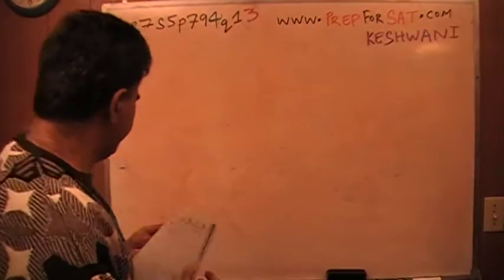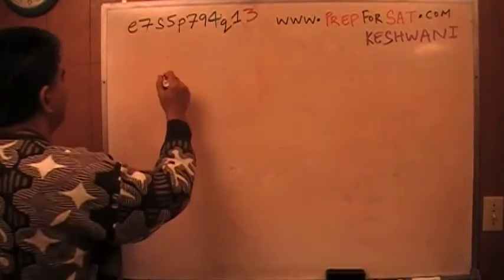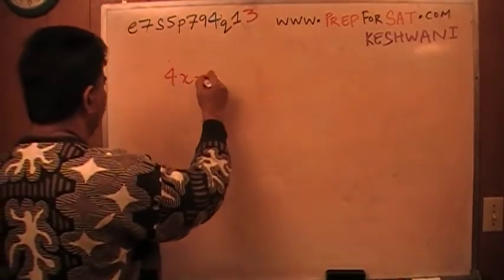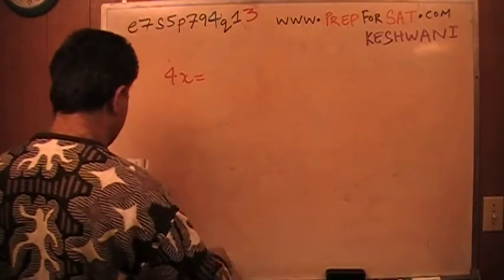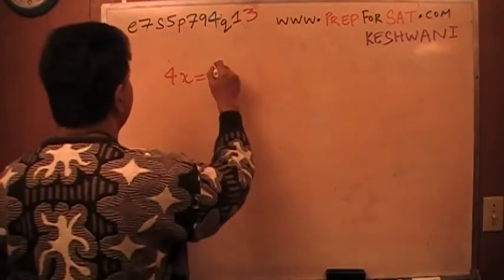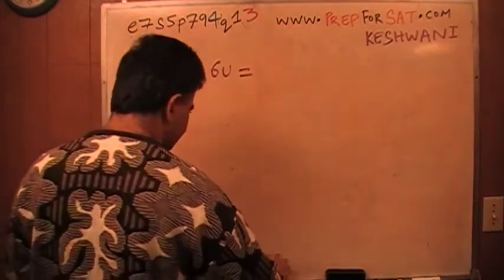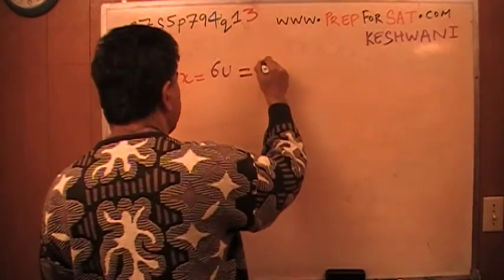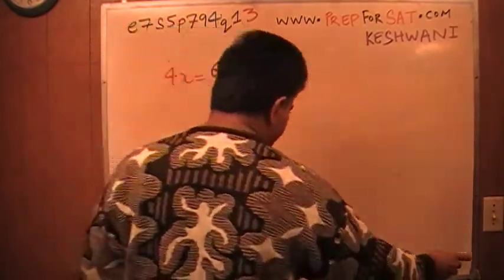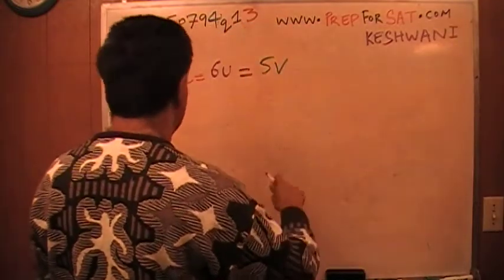Let's take a look at this problem. I am told that 4x equals 6u, which I'm told equals 5v, which I'm told equals 7w.